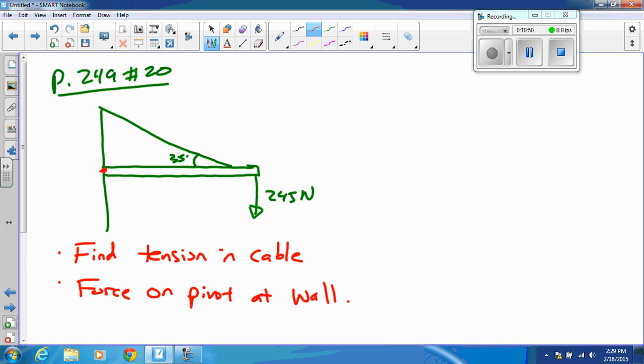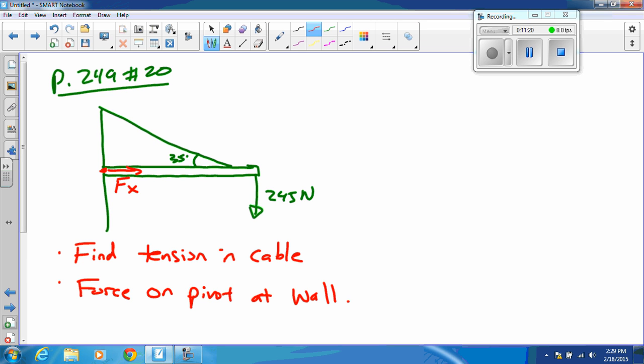This pivot at the wall is actually going to experience a fairly significant force, and there are two reasons for that. The first is that the cable, as it pulls in this direction, is going to have a tendency to pull the pole this way and to force it to go through the wall. So the first job of the pivot is going to be to support that pole and keep it from punching through the wall. It's going to have to exert a normal force back in this direction.